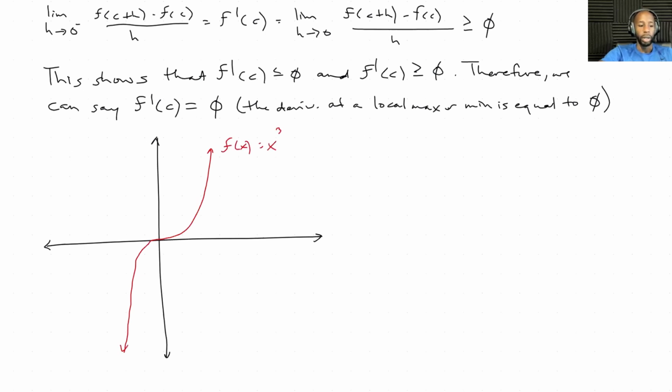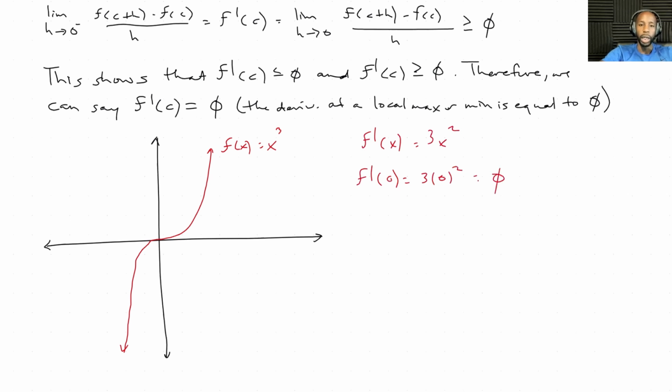Now, what about if you were trying to take the derivative of this? Now look at this. This is f of x equals x cubed. F prime of x using the power rule is going to be 3x squared. What if we're trying to take the derivative at point 0 right here? So f prime of 0 is going to be equal to 3 times 0 squared, which is 0, right?